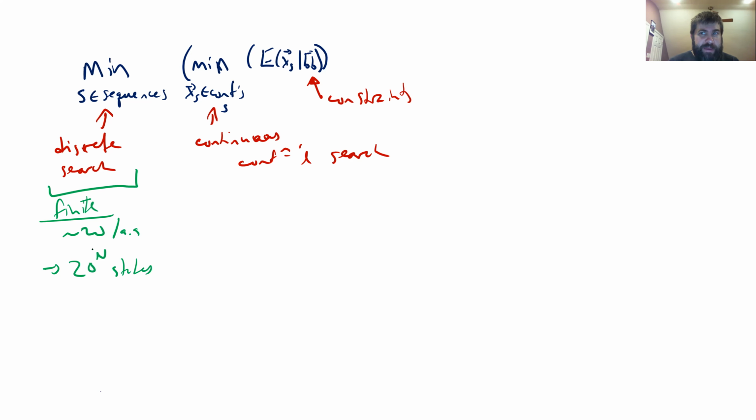Now, n might be big, and so we might have 50 or 100, and this might be a vast number of states, but it still is theoretically a finite search space. That is, there is a limit in the number of possible choices.